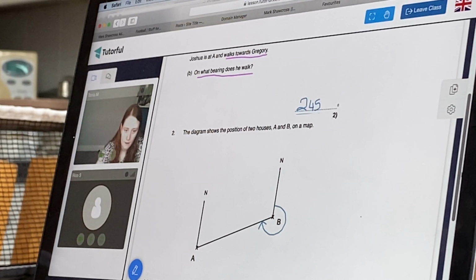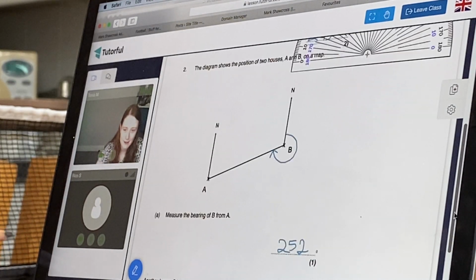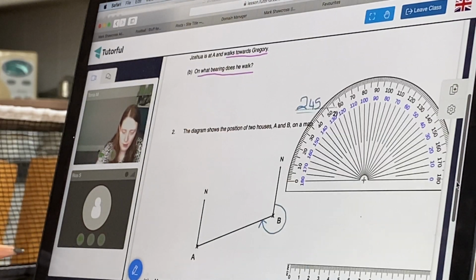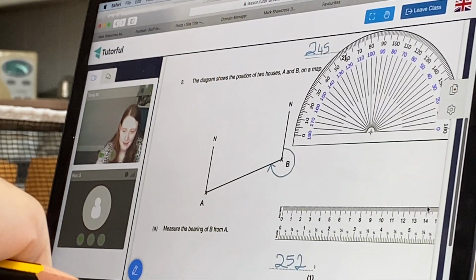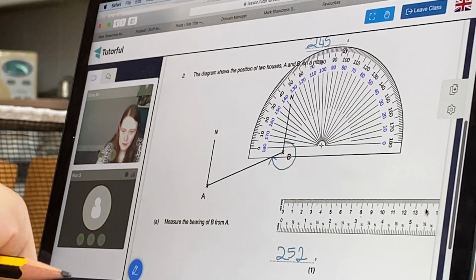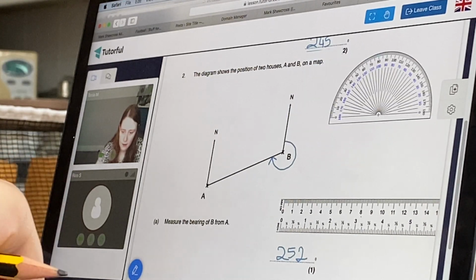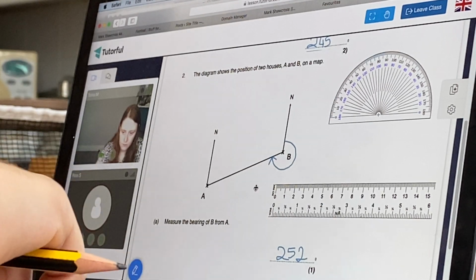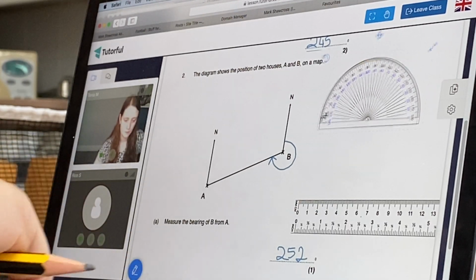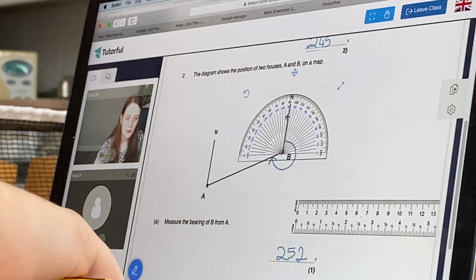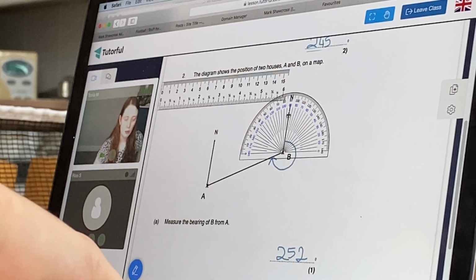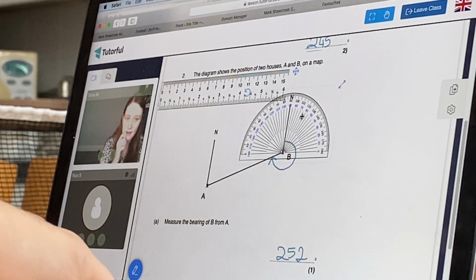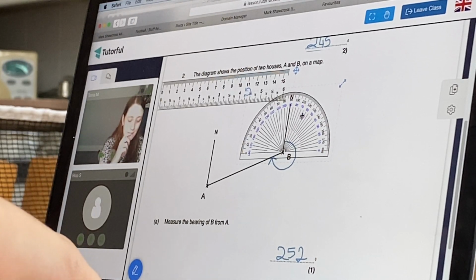Okay. So we'll have to do this digitally, but I've got a protractor and a ruler. Can you see the protractor and the ruler when I put it on? Cool. So I've got these for you to use. So use the question that we did in the work booklet to help you with this, because it's exactly the same as what we did for question 3 in there.